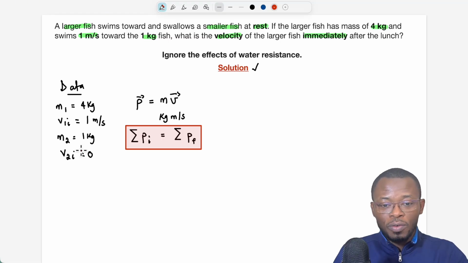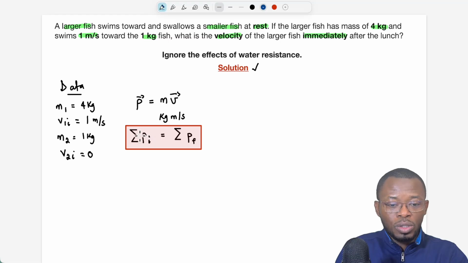So the law of conservation of momentum says that for this kind of interaction, where a larger fish swallows a smaller fish, provided there are no external forces acting on this system, and by system I mean the larger fish and the smaller fish, immediately after the larger fish swallows the smaller fish, we can apply the law of conservation of momentum to equate the total momentum of these fish before and after the interaction.